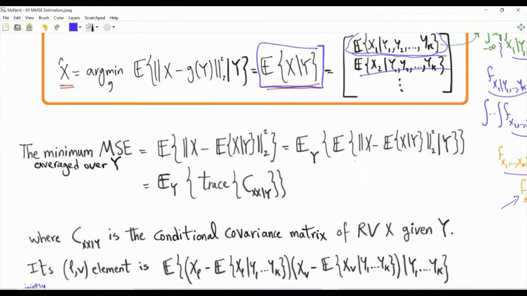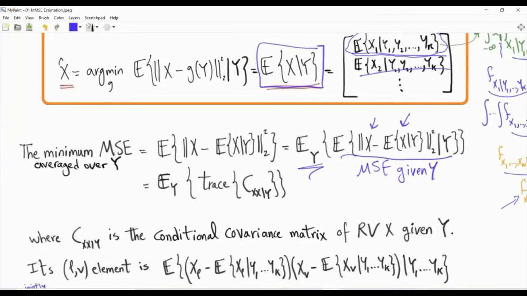So this is the mean squared error given y. Now the estimators will be the conditional expectation of the x's given the y's. And so this is the MSE given a particular realization of vector y, and then the minimum mean squared error averaged over the y's, we will do expectation with respect to y.